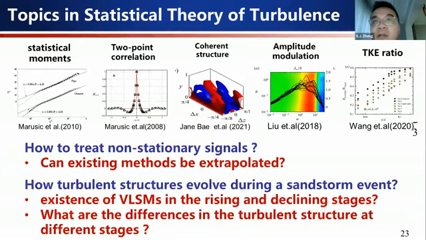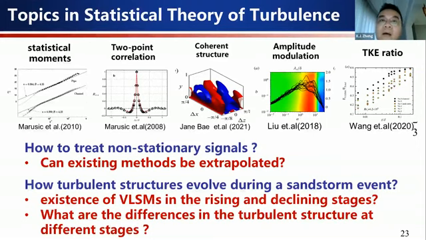Amplitude modulation coefficients were used to reflect the energy modulation from the VLSMs to small-scale motions, as well as statistical analysis methods including structure function, linear coherent spectrum, and bispectrum, etc. However, all these time average statistical analysis methods require the stationary condition, which therefore cannot be directly used for non-stationary signals.